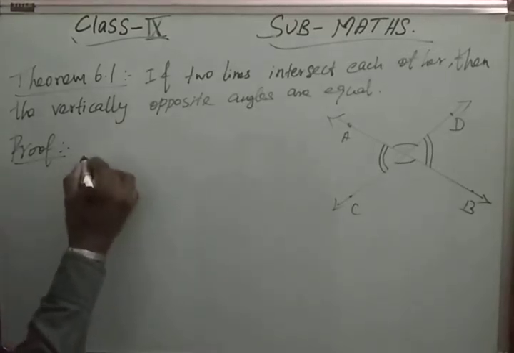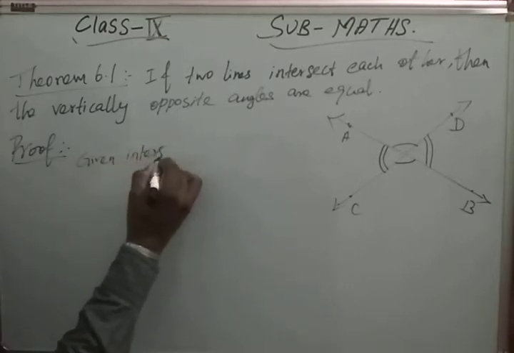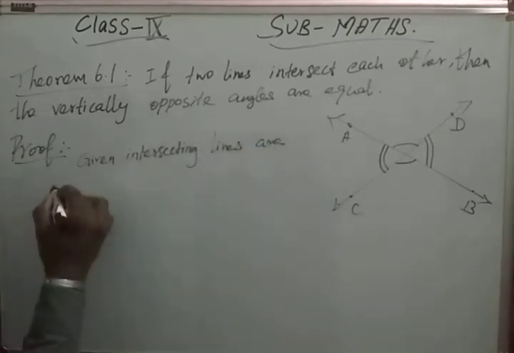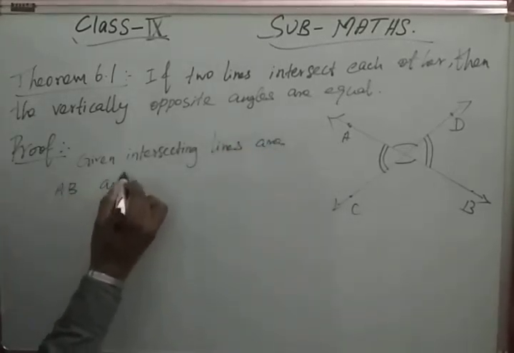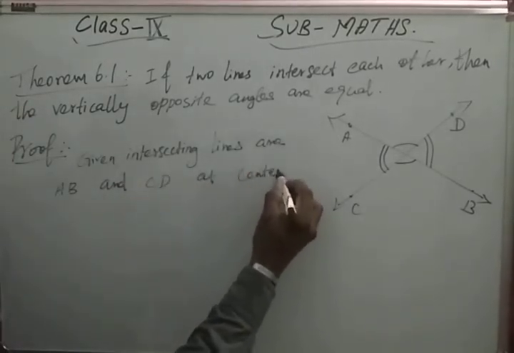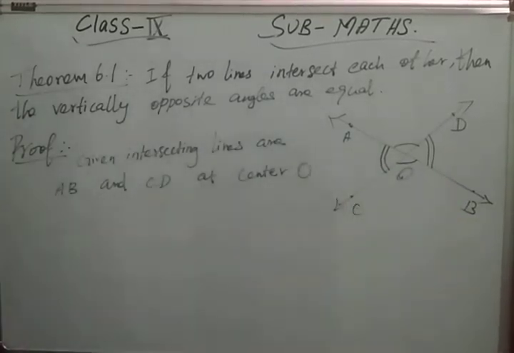Given: intersecting lines are AB and CD at center O. This is O. Now, next we write the opposite angles.